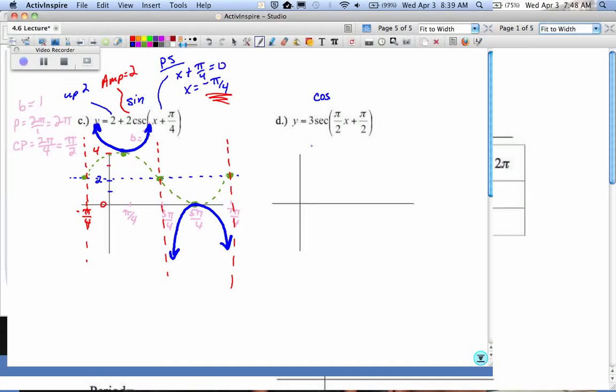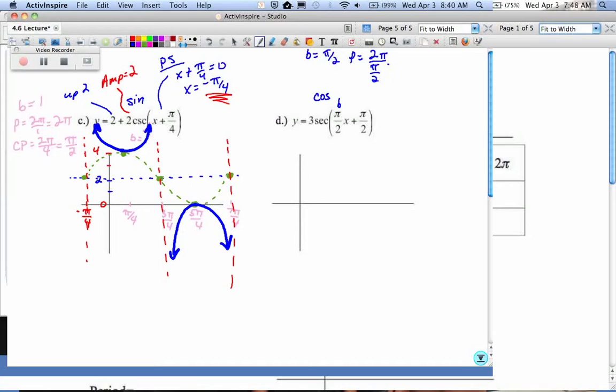One of the first things I might identify is that my b value right here, that's b. So if b is pi over 2, the period will be 2 pi divided by pi over 2. When you're dealing with sines and cosines, you always take 2 pi divided by b.